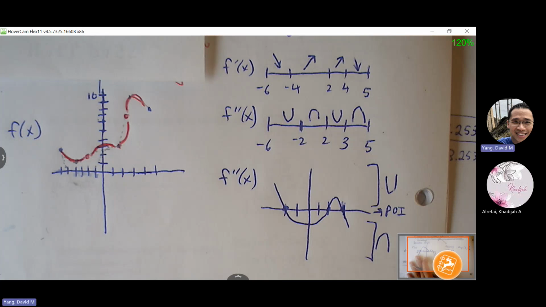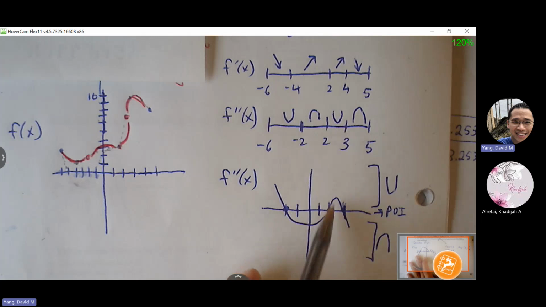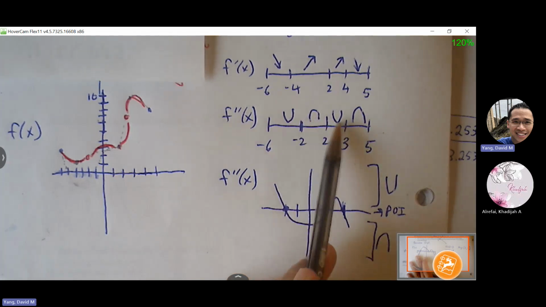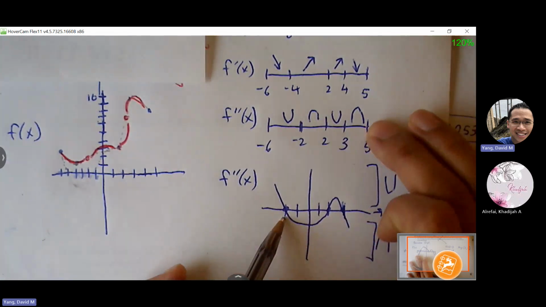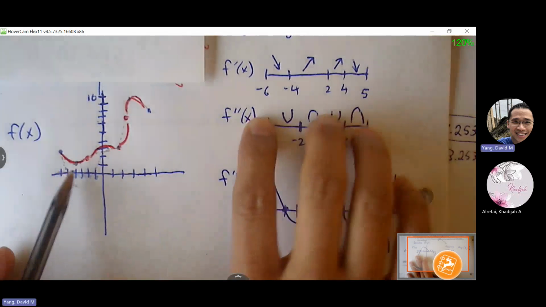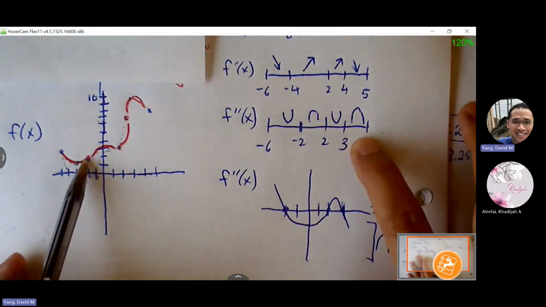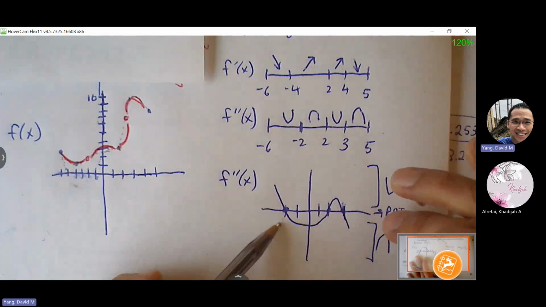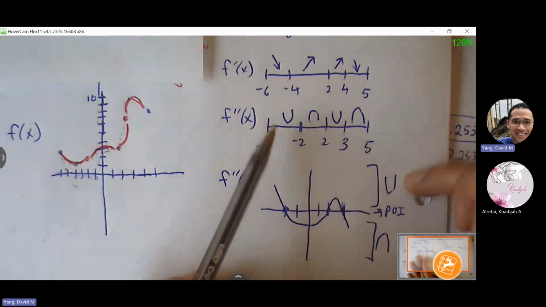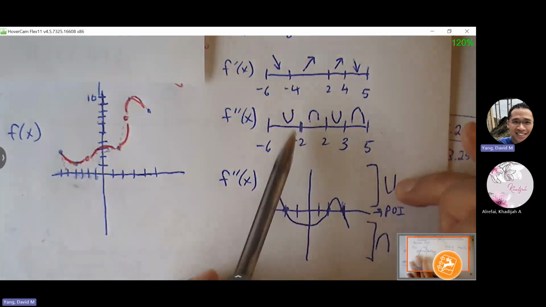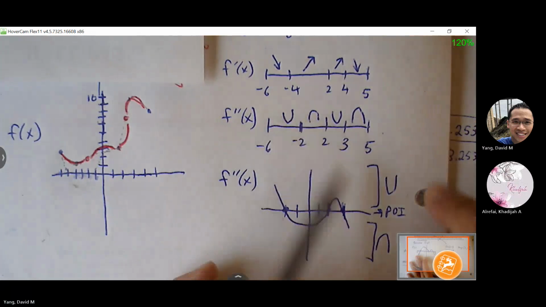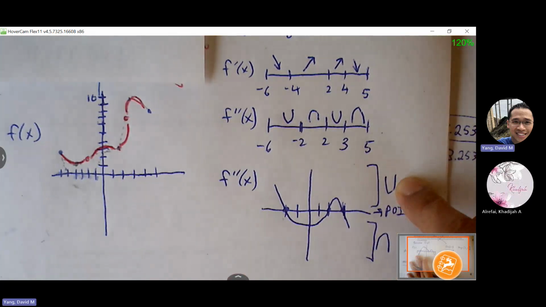How come between -2 and 2 it looks like it's concave, like it's going like that? Remember, this is not the original graph. The original graph is not going to match your shape. Sorry, f double prime is not going to match your shape. The shape is meant for f of x. But if you're dealing with an f double prime graph, you look at location, right? Because it says concave up. Concave up is above the x-axis, right?